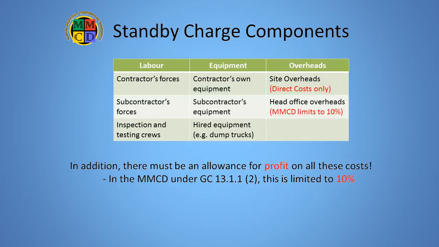On the other hand, head office overheads are reimbursed at a fixed 10% of all of the above costs under GC 13.1.12. Finally, the same clause sets the allowable profit markup at 10% on all of the above costs, including the head office overheads.